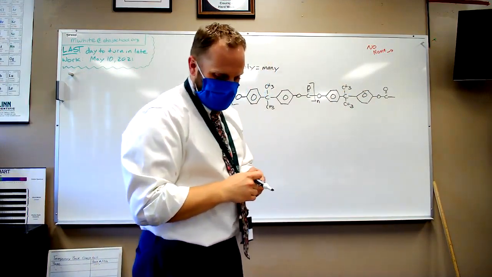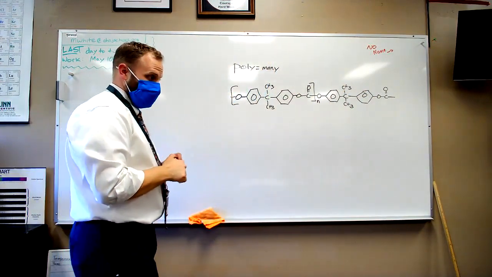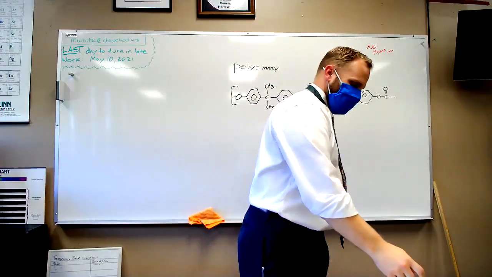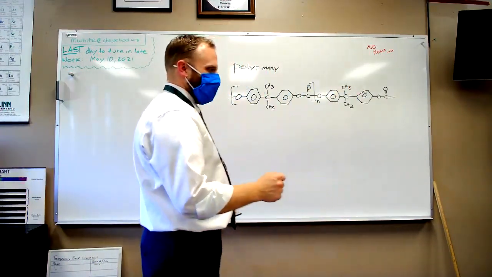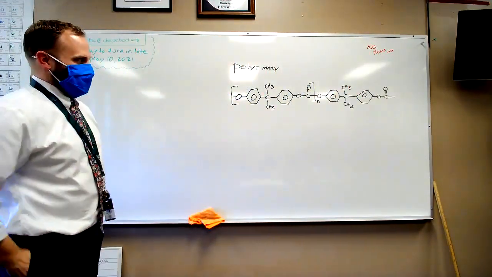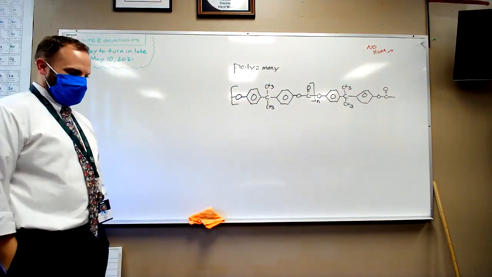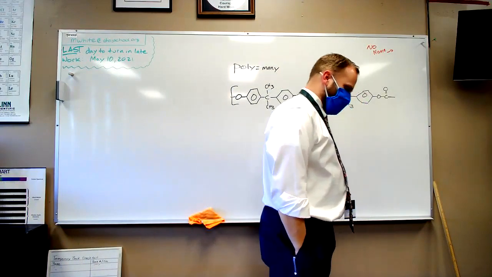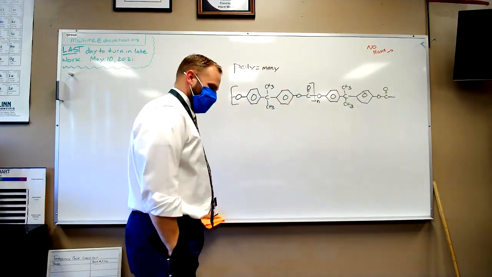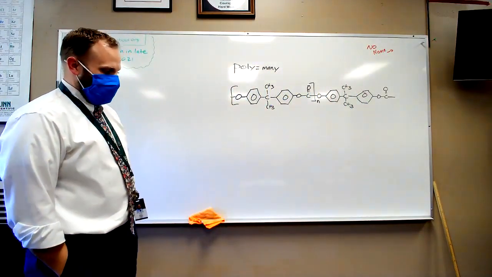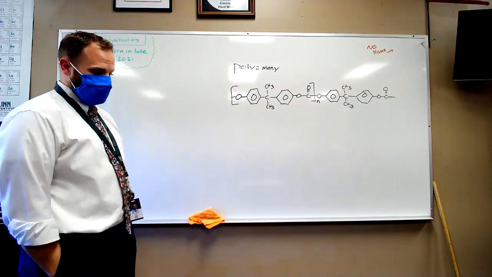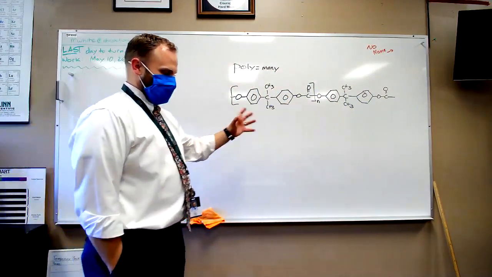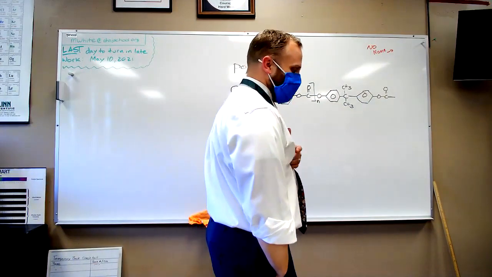These are polymers. Now, polymers don't have to be man-made. There are actually a lot of natural polymers out there. Things that you eat have polymers in them, like starch. Starch is a polymer. It's repeating subunits of glucose.